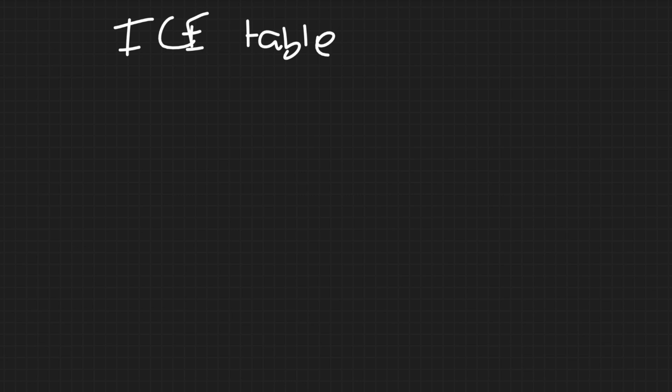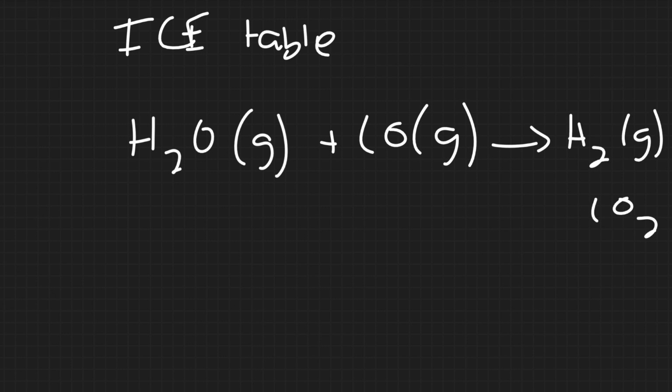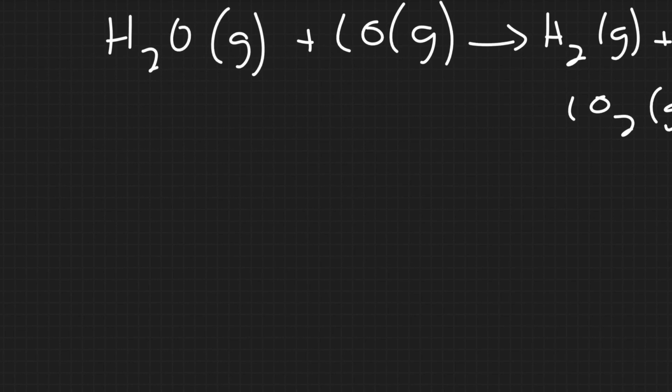So if we take, for example, this reaction here, H2O gas plus CO gas goes to H2 gas plus CO2 gas. I'll state the specifics of the problem in a second, but I encourage you to try this problem on your own if you know how to do ice tables, and then see if you get the same answer.